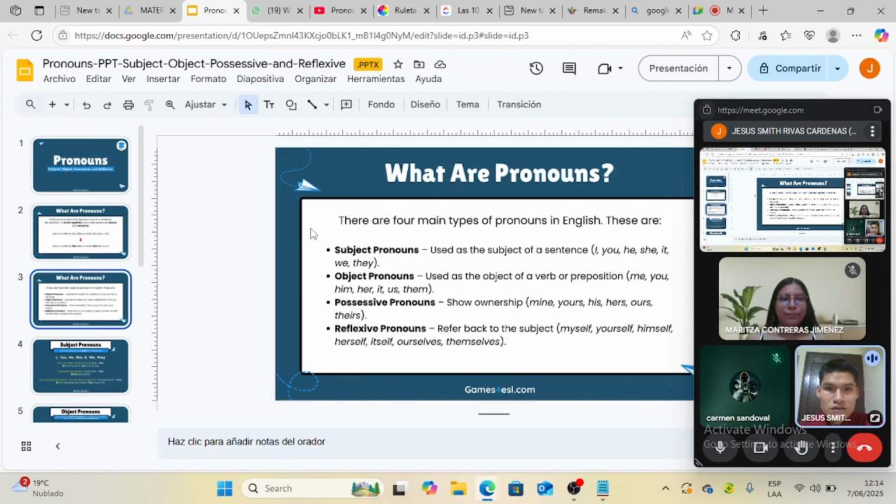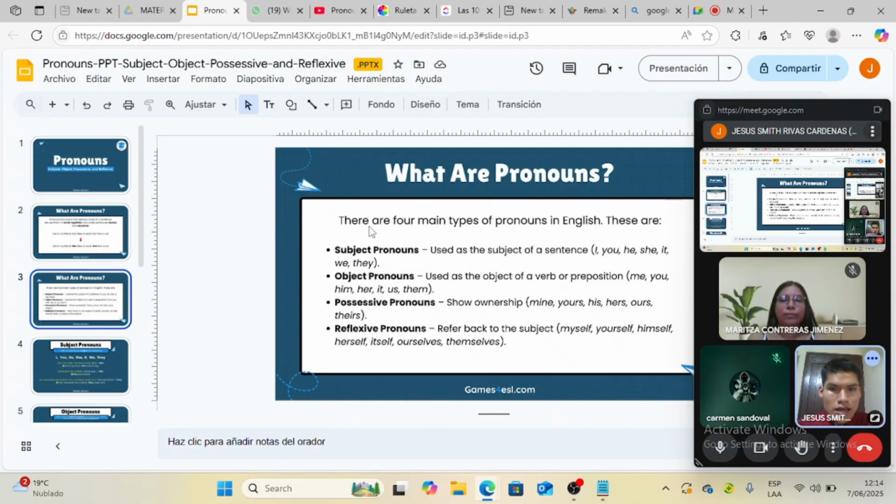Well, let's continue. As I have been explaining, there are different types of pronouns in English. These are subject pronouns, object pronouns, possessive pronouns, and reflexive pronouns.